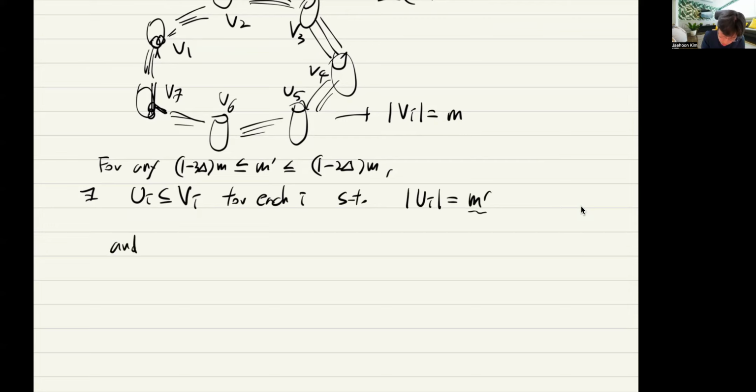It's actually the number of vertices that you want to make between here and here. And now the remaining one is epsilon, d plus superregular.